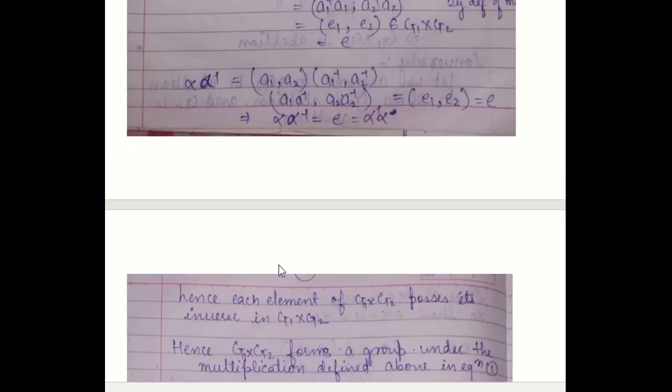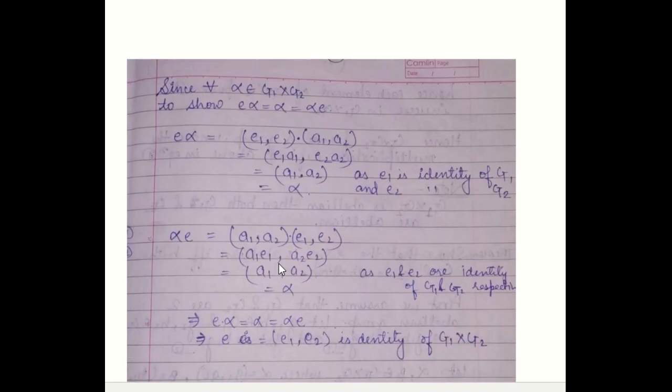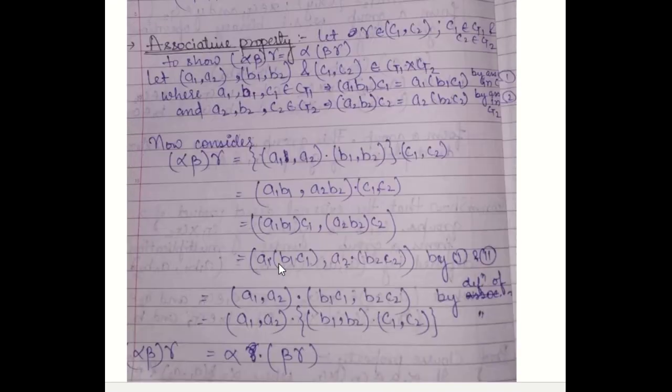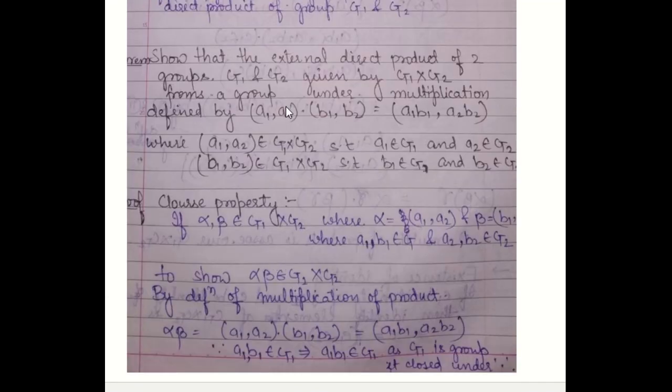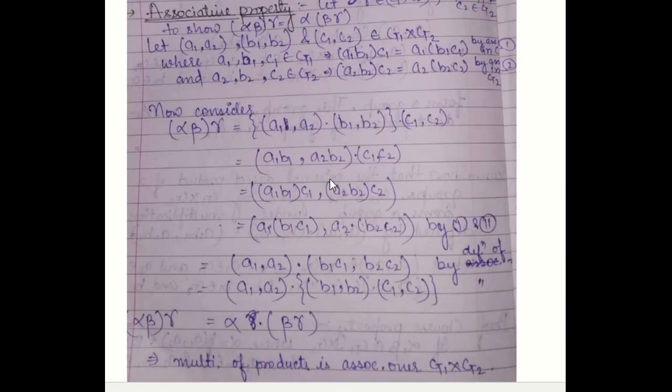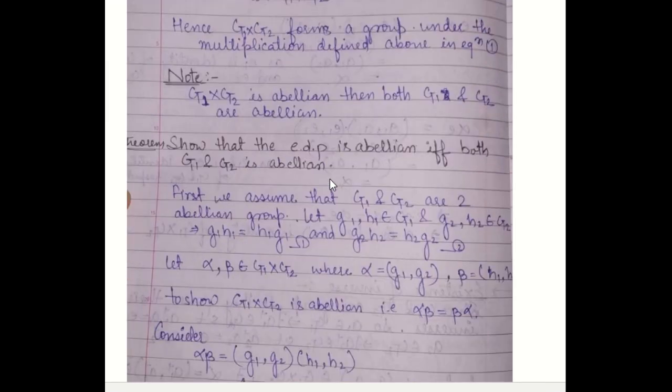So we have shown what we have defined, first of all, what we mean by direct product, and this external direct product under a given multiplication forms a group. We have shown that. Now some more properties. The very first theorem is what?